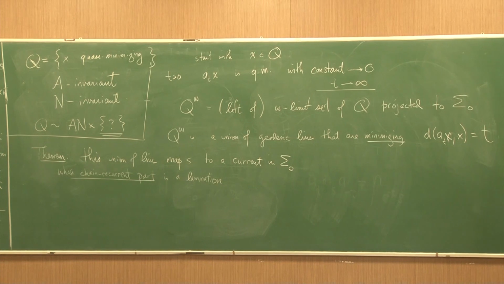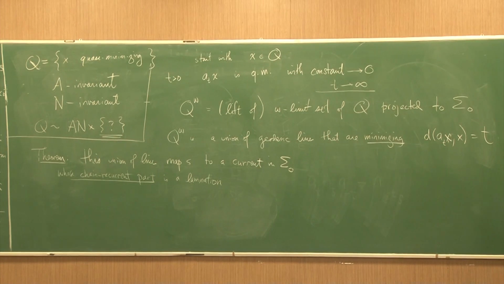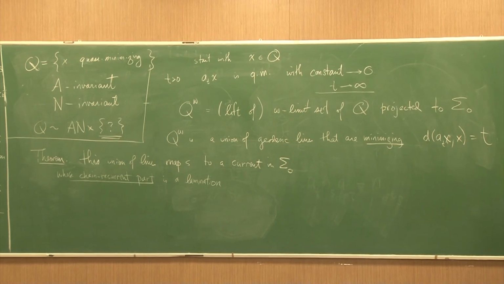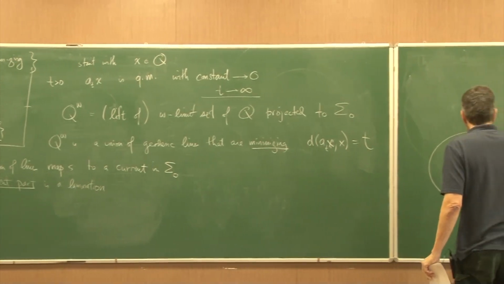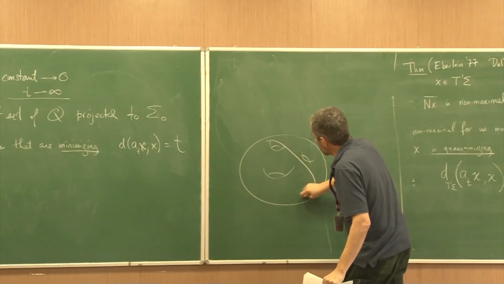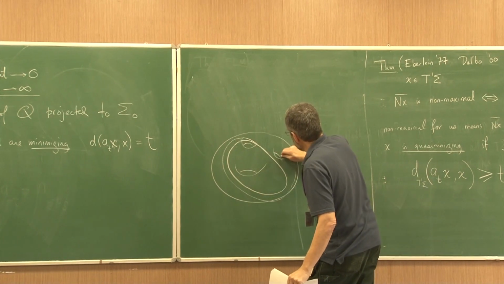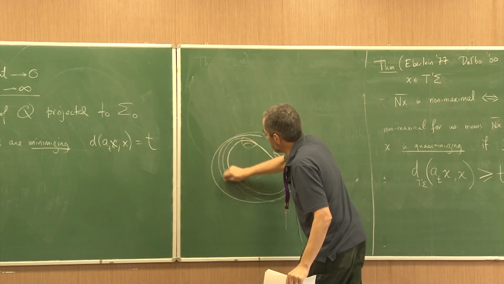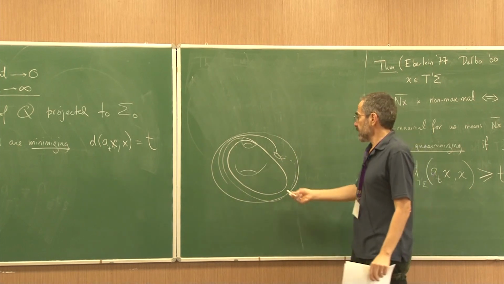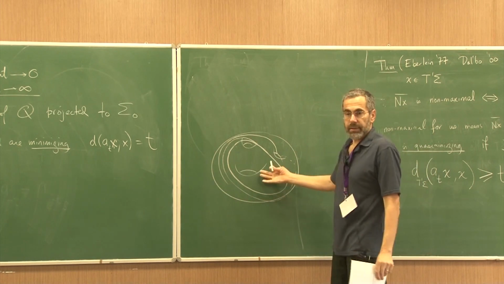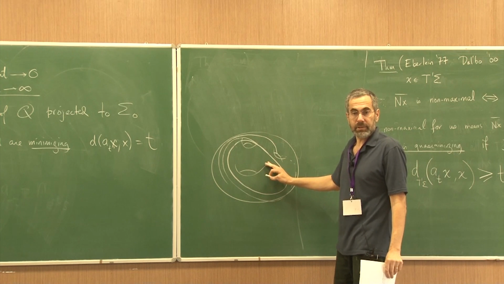The picture, for those who have seen laminations before, kind of looks like this. Here's the quotient surface. In the quotient surface, I have an embedded collection of lines. So that means there's a bunch of geodesics that run around this surface and never hit each other. And you might ask yourself, how many such things are there? Well, it turns out there's a very rich theory of geodesic laminations on surfaces.